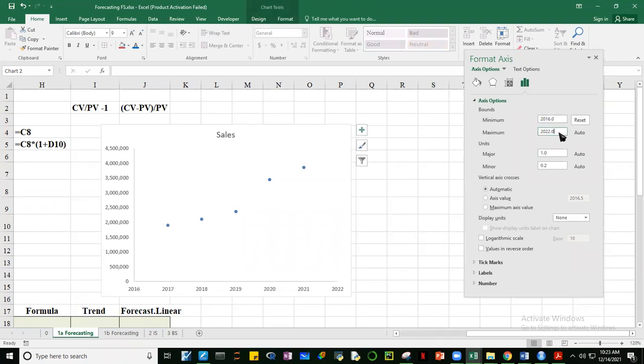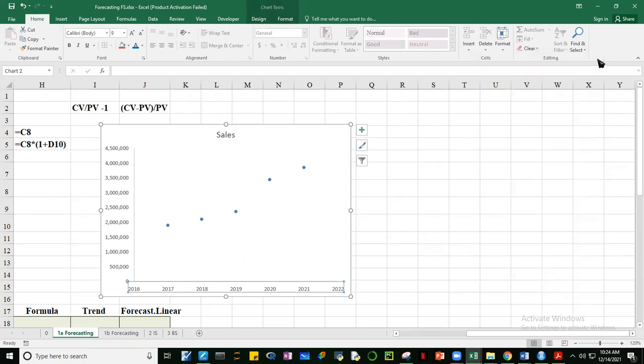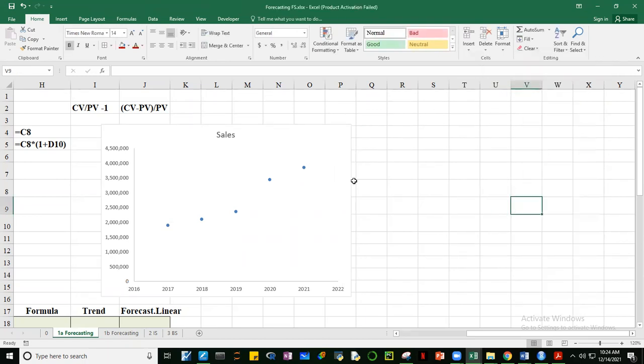Tapos dito, naging 2022 na siya. Okay lang. So tingnan nyo guys, automatically nagbago na yung plot natin. Yung x-axis natin, 2016, 2017 hanggang 2022 na. That's okay. Next natin. Okay? Harold, did that answer your question?